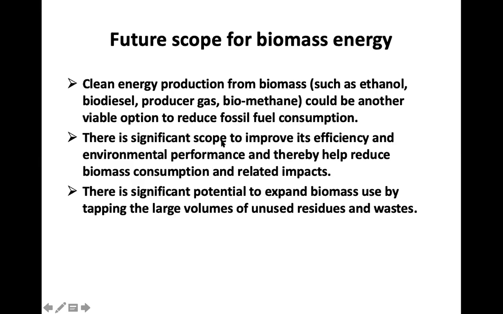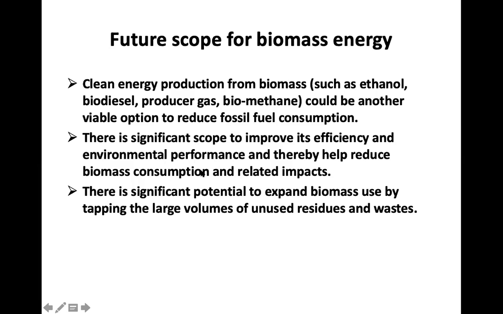There is significant scope to improve its efficiency and environmental performance and thereby help reduce biomass consumption and related impacts. If we increase the efficiency in our country, for example with human excreta, kitchen waste, or agricultural waste, and turn them into an efficient recycling process, we can keep our environment clean as well as get good energy.